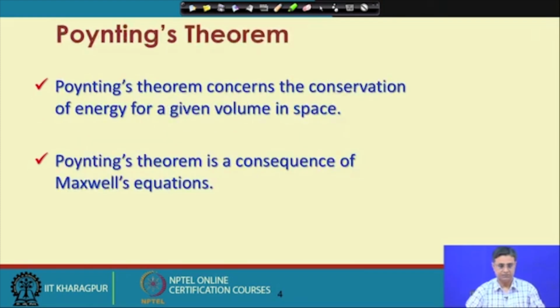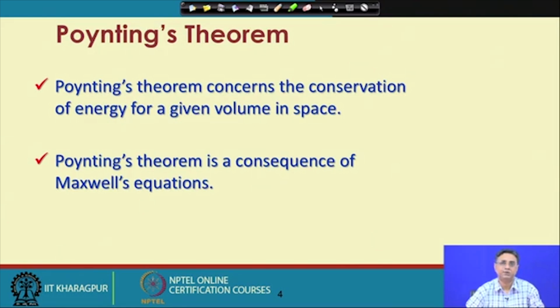So, Poynting theorem. Poynting theorem basically concerns the conservation of energy for a given volume in space. As I have mentioned, when the electromagnetic waves are travelling through a certain region of space, within the volume, how much part of the energy is lost and how much part of the energy is flowing out.